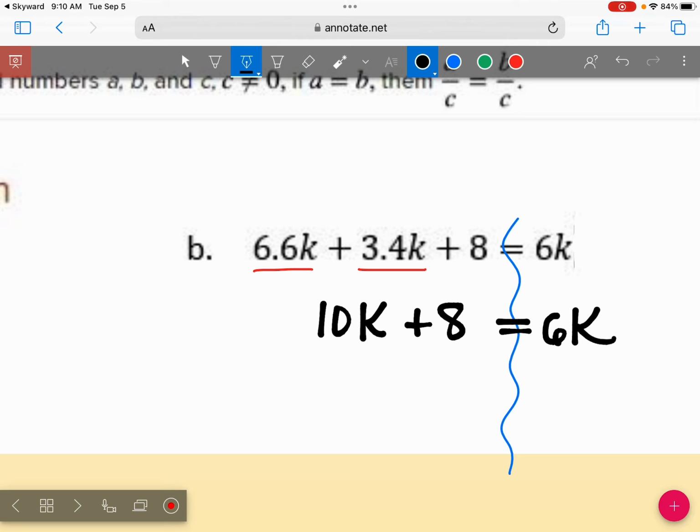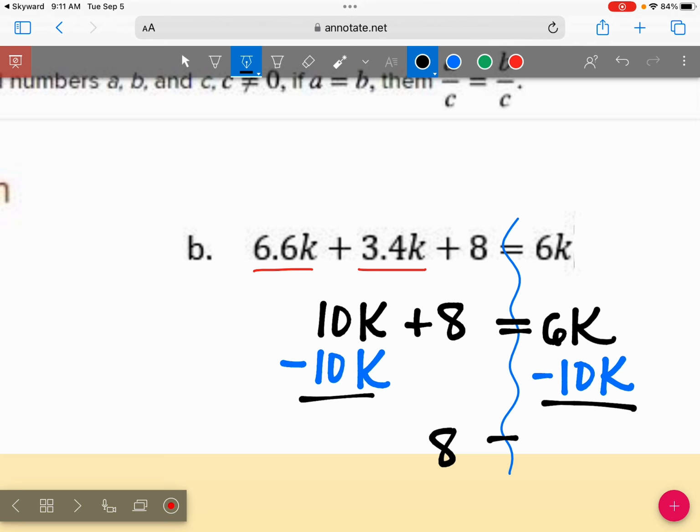And now we need to bring all our variables to one side. So I have a 10K on the left and a 6K on the right. So I'm going to subtract the 10K. So 8 equals, and then 6 minus 10 is negative 4K.